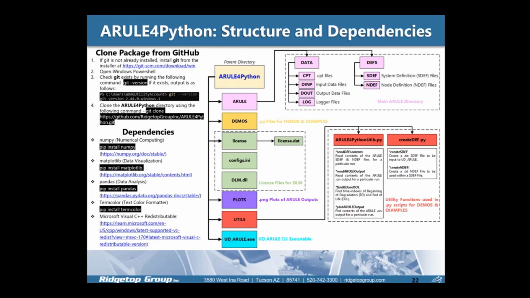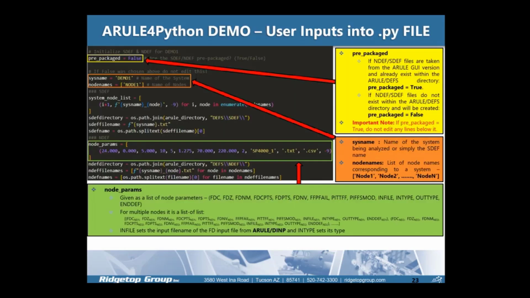Shown here is what those Python scripts look like for making an ARULE run. At the top here, we have this pre-packaged variable. If your node definition and system definition files were taken from the GUI version of ARU, you would specify that as true.